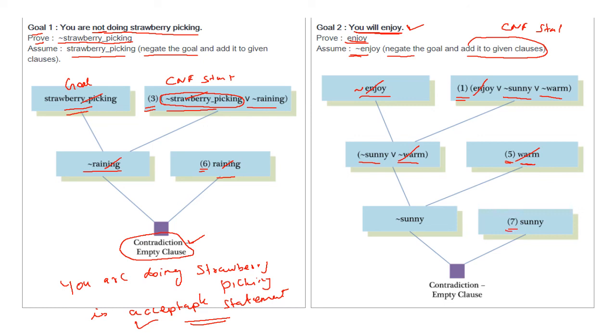Our seventh statement is sunny, so these two will get cancelled. Then we have the empty clause. Contradiction, empty clause. Once we reach the empty clause, we reach the goal. What is our goal statement? You will enjoy. Our goal is reached, that is, you will enjoy is an acceptable statement.